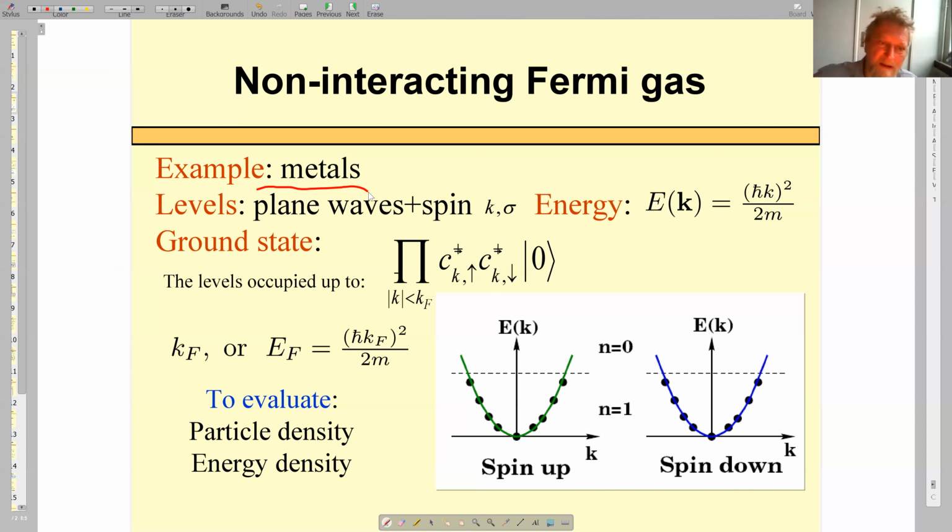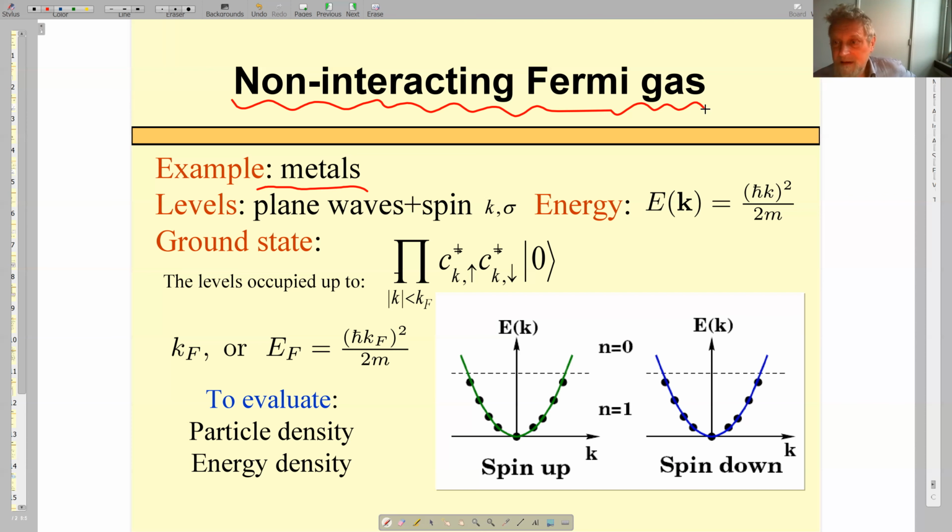It's a model, which I gave in the title of this slide, a model of a non-interacting Fermi gas. So there are fermions in a vacuum, to be precise, in a box which is provided by all the protons in the metal, but we assume there's no periodic potential.